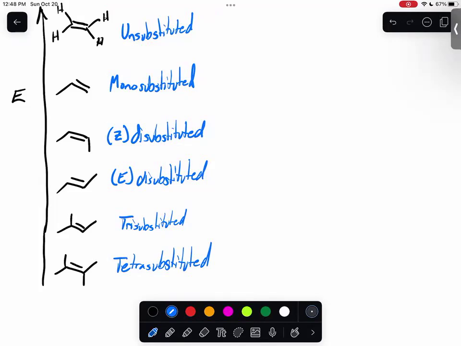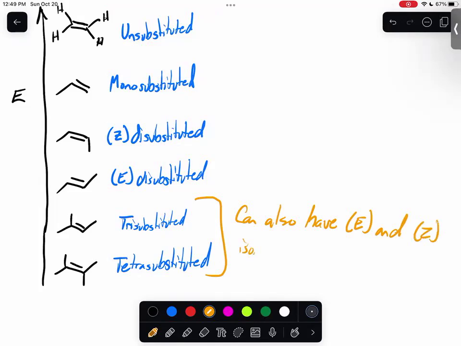Just as a note, keep in mind that these can also have E and Z isomers. But as we discussed before, E is always more stable due to strain, or I guess less strain, because remember that Z has those eclipsing interactions.